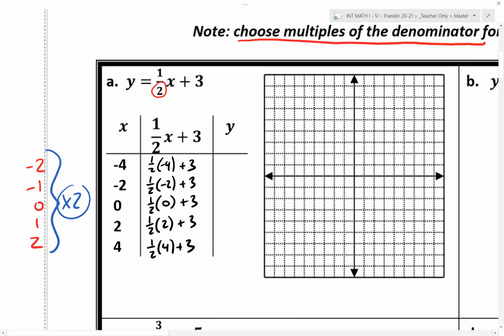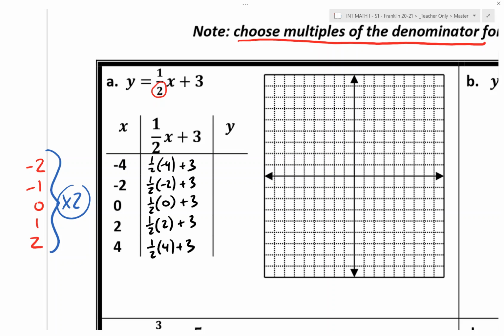And so what we'll get for our y values are whole numbers instead of weird fractions. If I try to put 1 in for x here, I'm going to get 1/2 plus 3, that's 3.5. It's a little harder to graph things when you have fractions. And so if you use multiples of the denominator, when you go to divide by that bottom number, you're going to get a whole number as your answer.